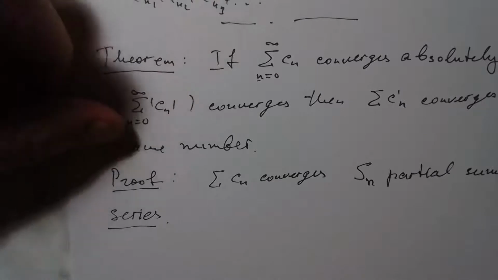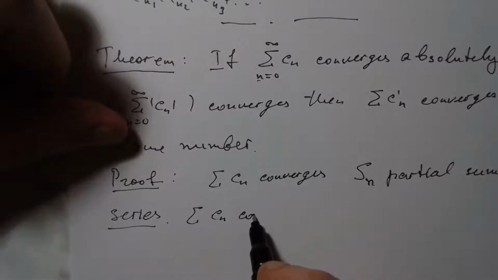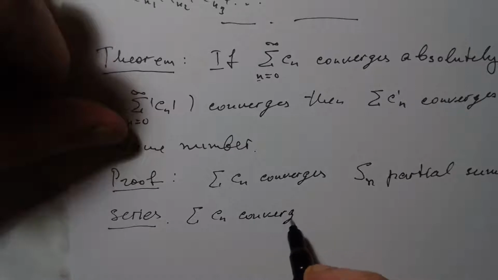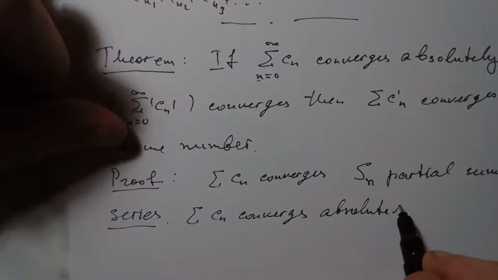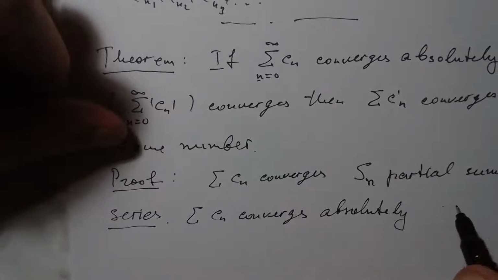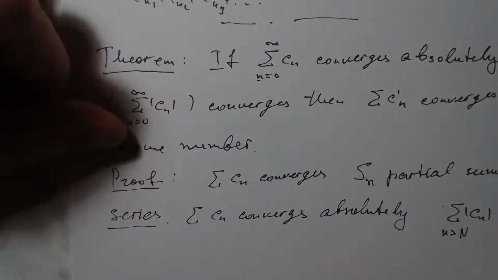So what I also know is that the series Cn converges absolutely, which means that the remainder here, the sum of the absolute values of Cn for n greater or equal than some number N, converges to 0 as N tends to infinity.